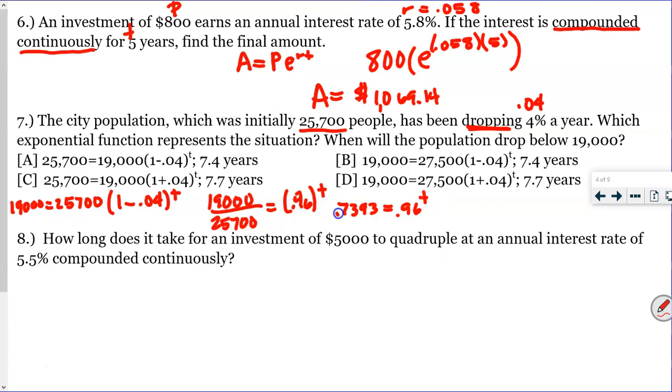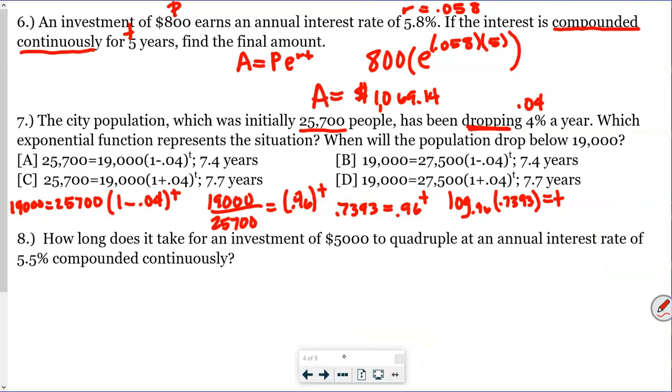Everybody listen. Now can't we change this into a log? We can. So this is going to be log base 0.96 of 0.7393, and that's going to be equal to t. If you recall, we can use the change of base formula here. So we can say the log of 0.7393 divided by the log of 0.96.